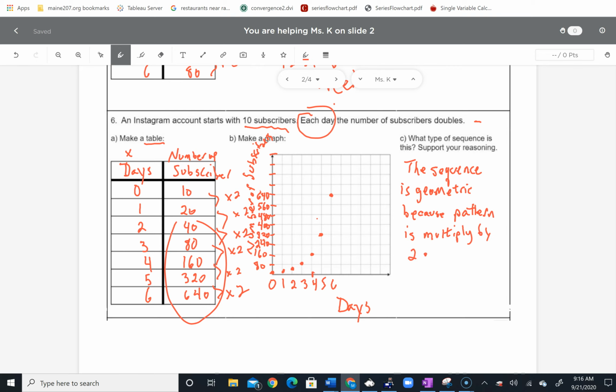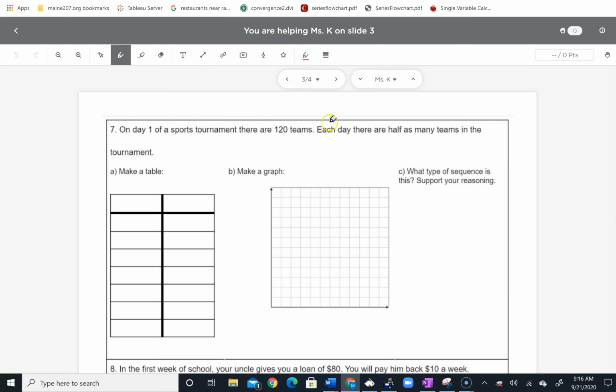And you really want to include the each time to be able to truly communicate why you know this is true. Doubling, of course, is going to mean that you are, in fact, multiplying.